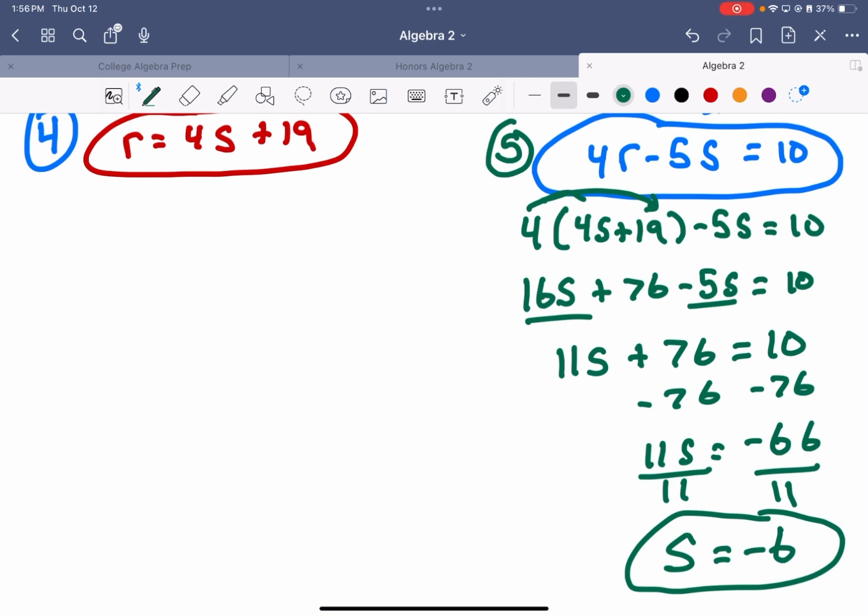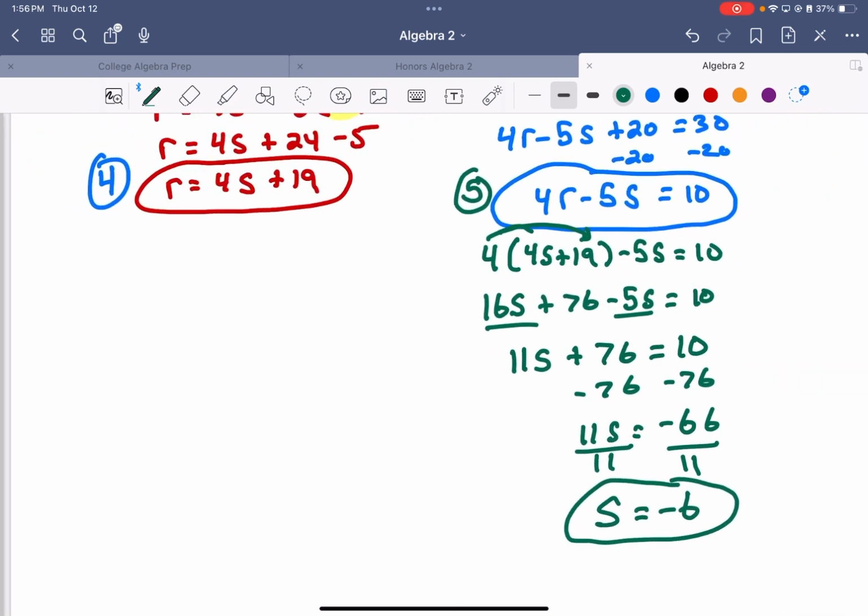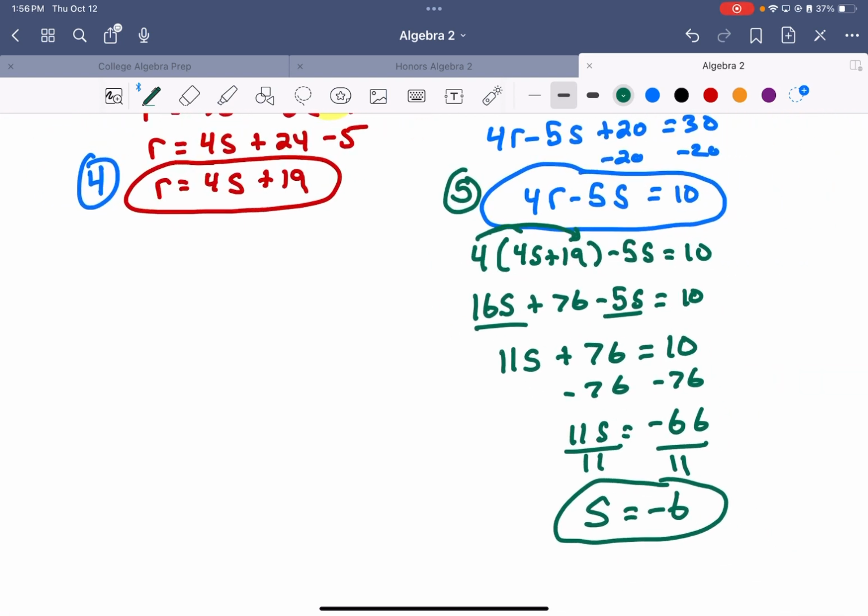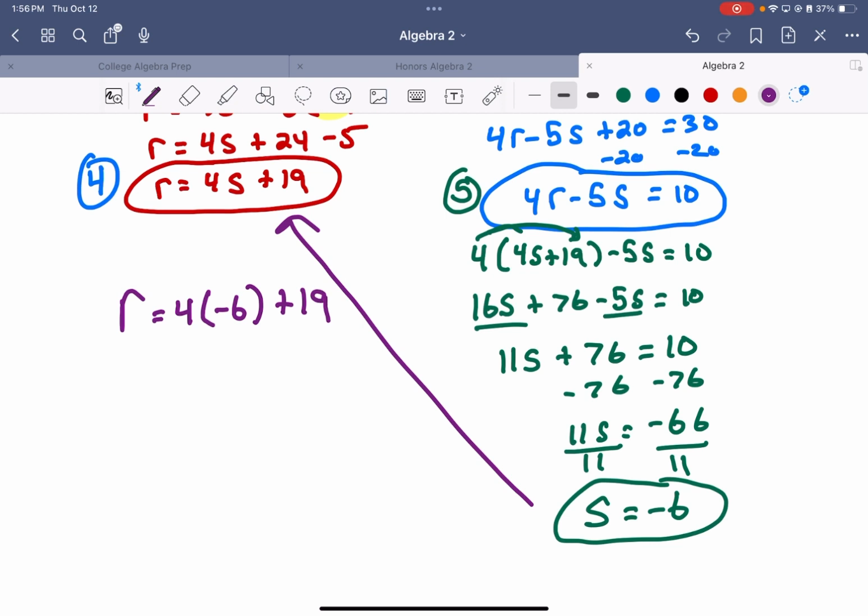We know the value of t is 4. Now what should I do? Plug it back in. Okay, and I can plug it in right there. So r is the only one we don't know. That's going to equal 4 times s, but my s value is negative 6, plus 19. So that's negative 24 plus 19, which is negative 5.